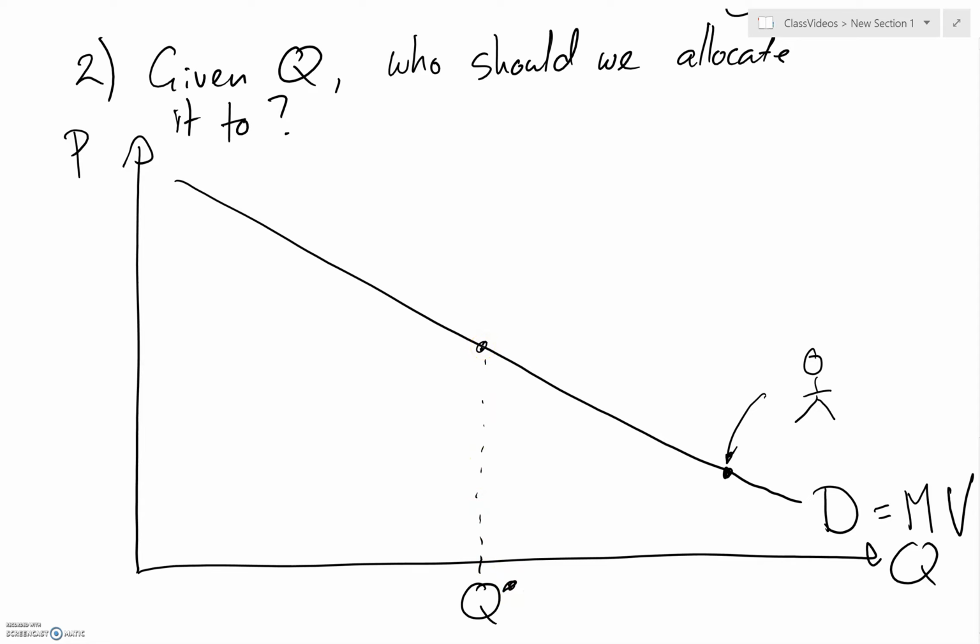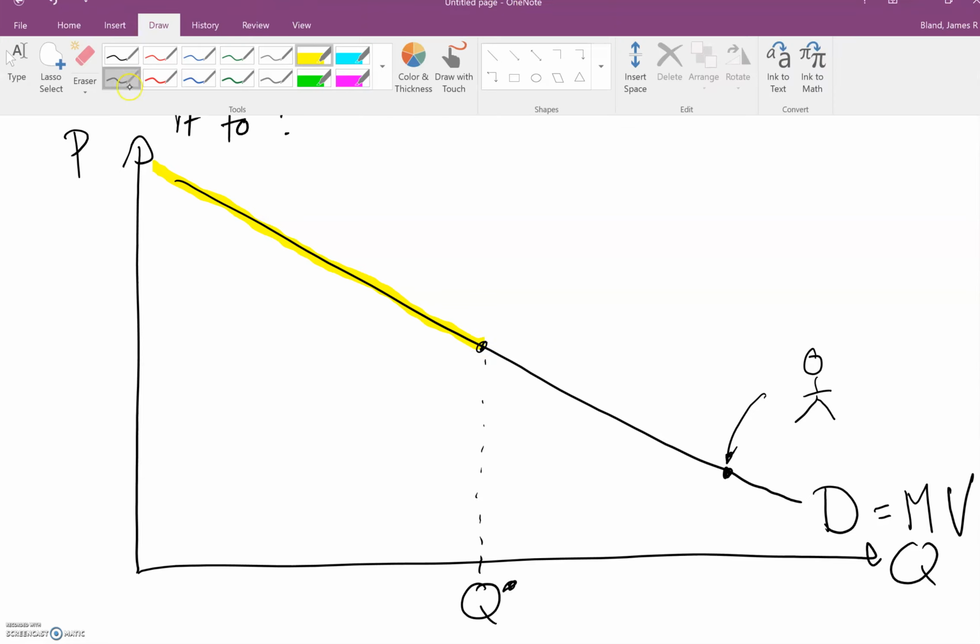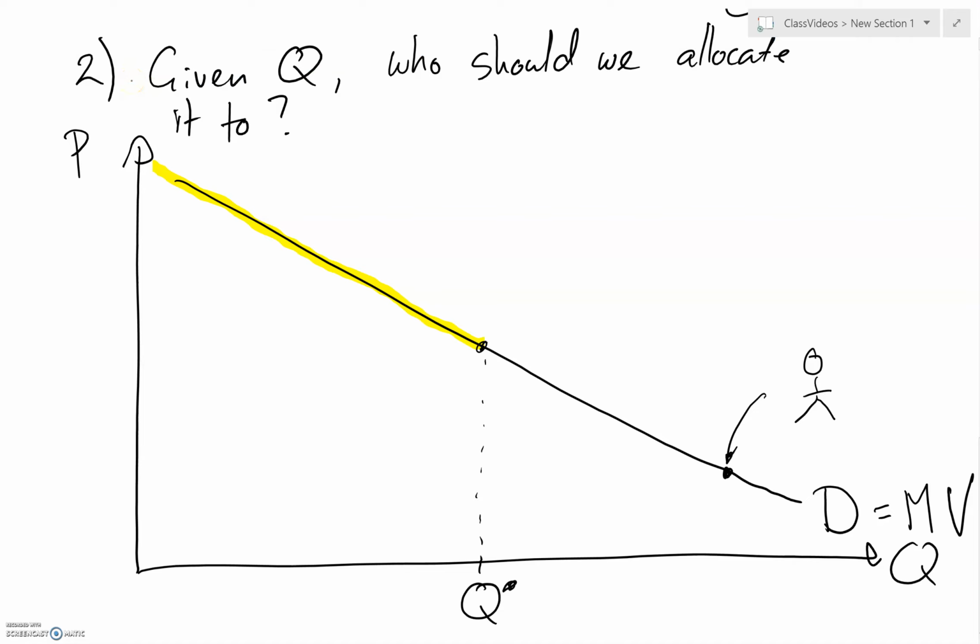And essentially, if we've got that quantity, if we're going to allocate it in a way that maximizes the value to society, what we want to do is give it to the consumers that have the highest value for that item. Okay, and those are the consumers on the highest parts of the demand curve. So, excuse me, markets already do this, right?